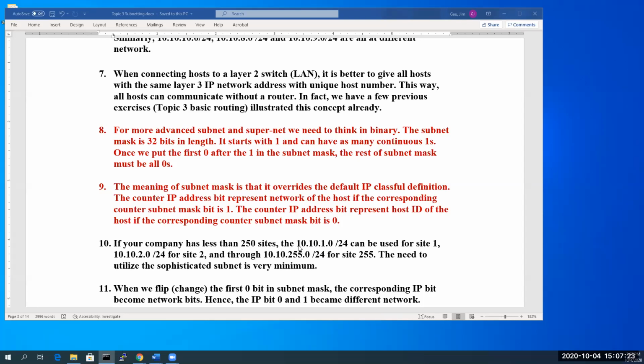We have almost no need to use the complicated subnetting that we are going through right now, except that I have seen two of those companies that I consulted with using a very unusual subnet mask and a supernet.